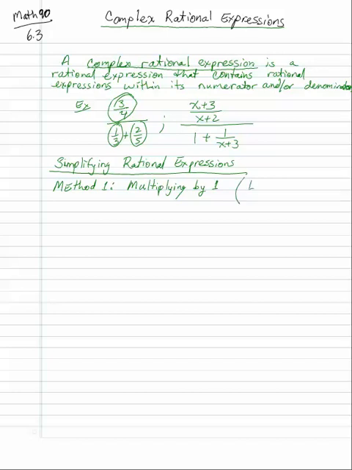Multiplying by 1. I like to call it the LCD method because you're going to multiply by LCD divided by the LCD of all the little fractions. So let me show you what I mean. Let's just do something simple like this: 1/2 plus 2/3 over 3/5 plus 5/6.